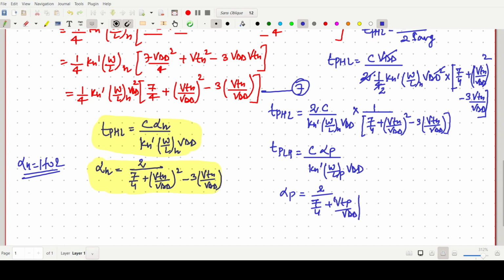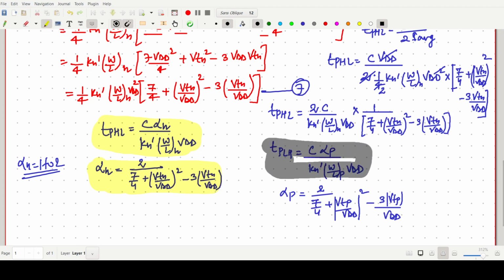So Vtp is taken as a modulus because we have to take the positive. So minus 3 Vtp by VDD. So this one is the expression for tau PLH. Okay, a very similar expression we will observe.